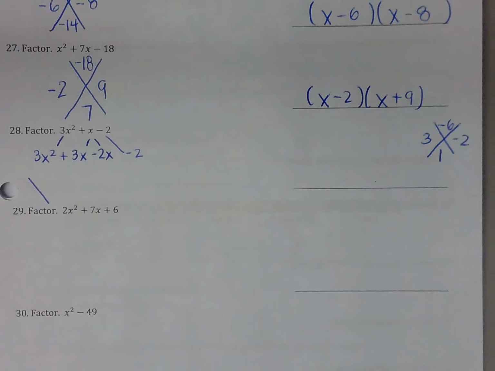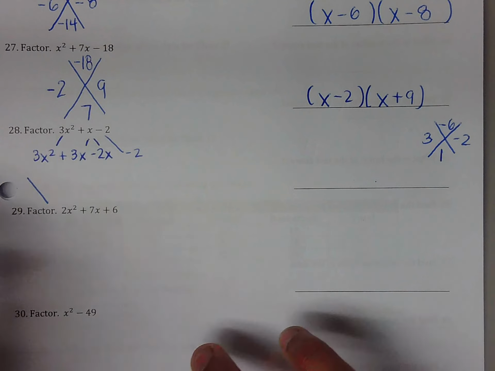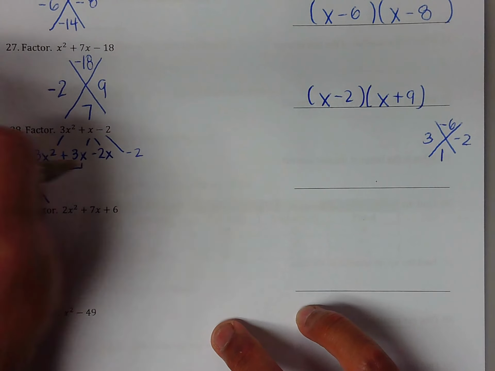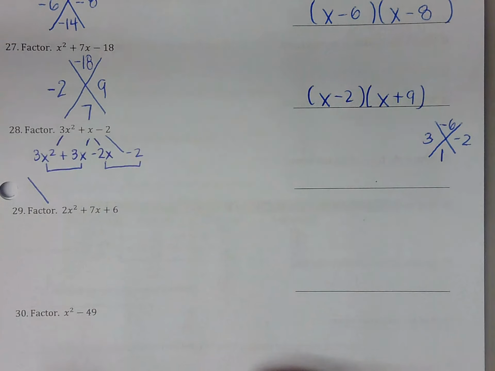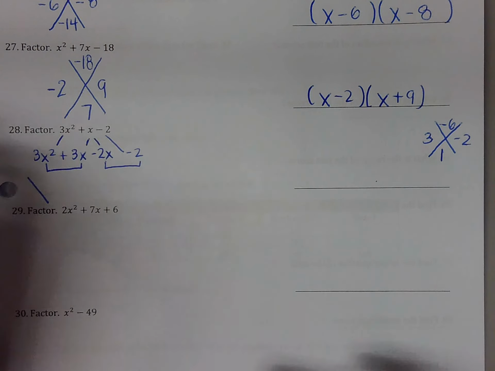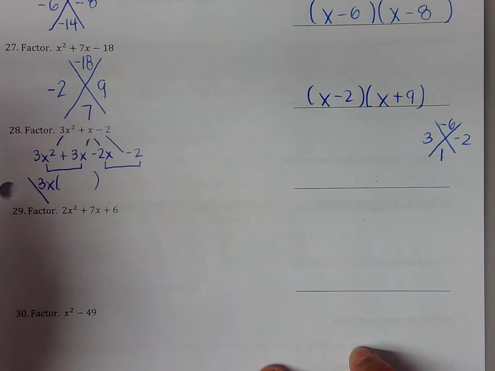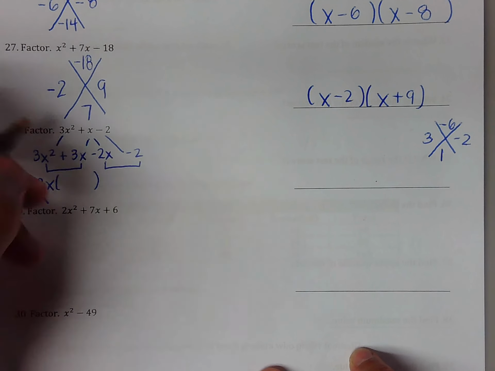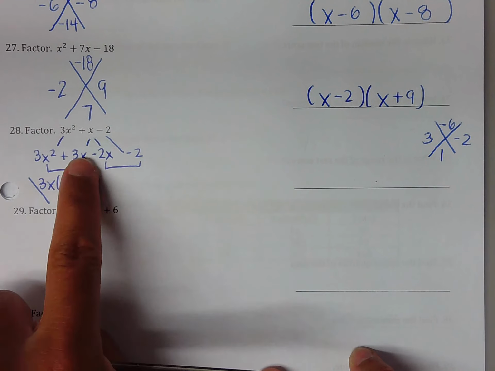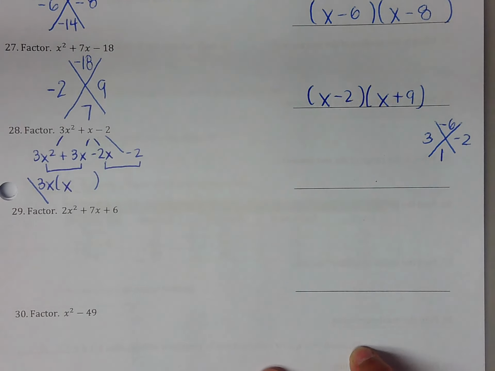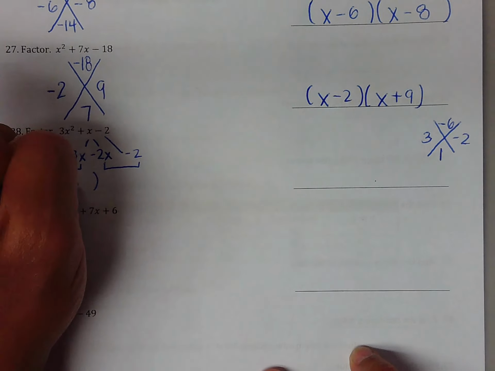All right, so here's where we factor by grouping. We factor this, and then we factor that. The greatest common factor of 3x squared and 3x is 3x, so 3x on the outside. On the inside, dividing this by 3x, we just get an x. Dividing 3x by 3x, the same thing divided by the same thing will always just be 1.